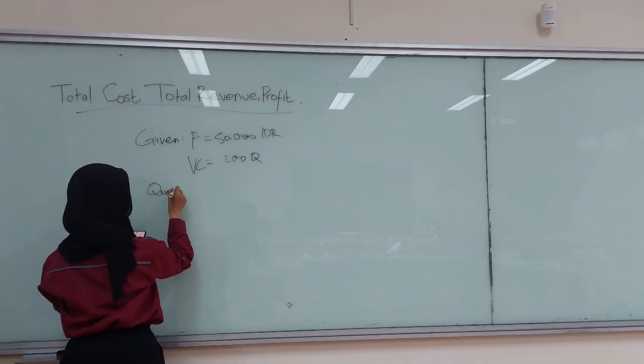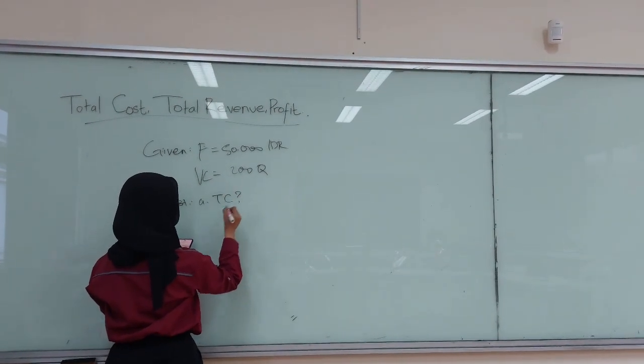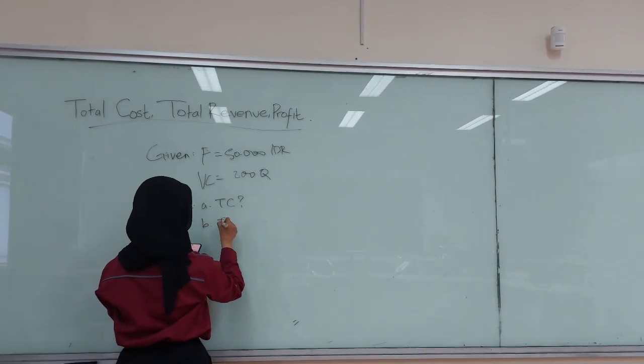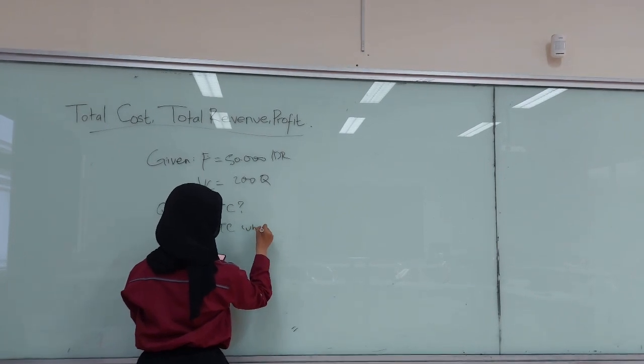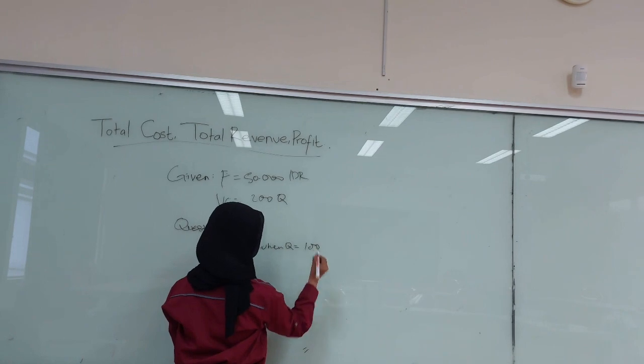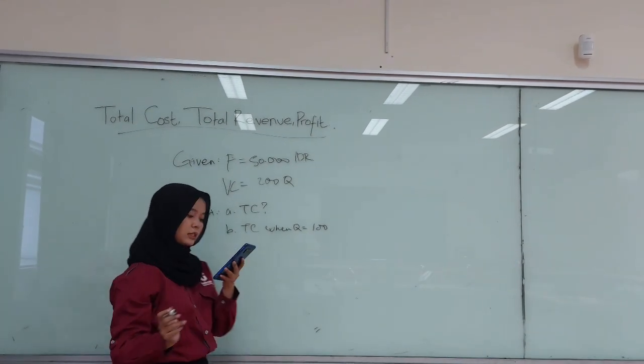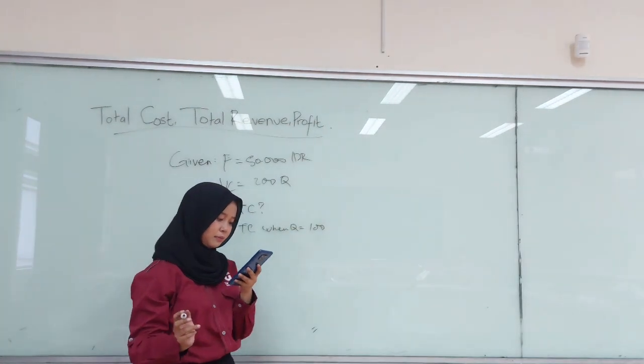The question for A is TC, and for B is TC when Q is equal to 100. Okay, let's move into our answer.